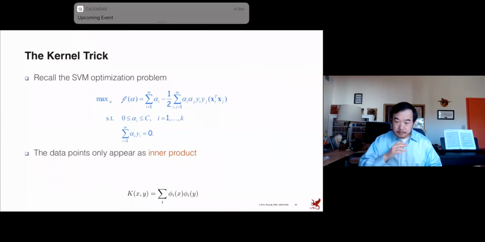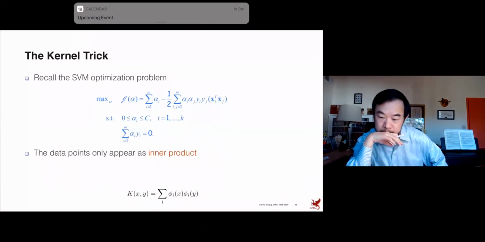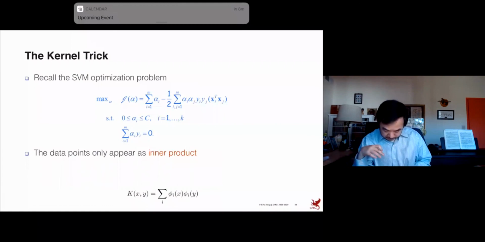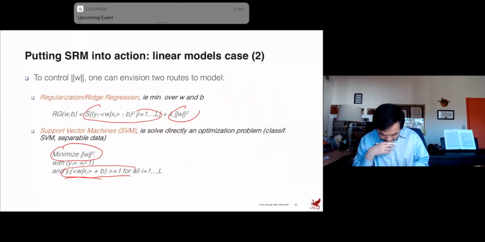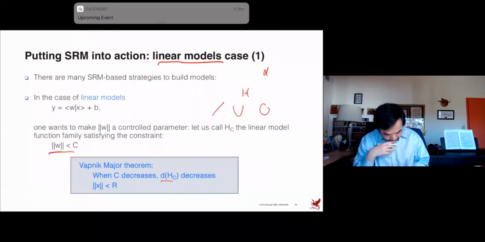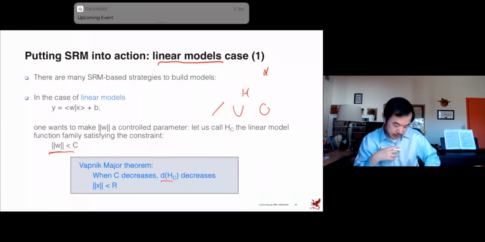Eric, there's a quick question. Someone is asking, what is the value R on slide 35? The value R on 35, when it decreases. Now, value R is just a normalization trick for the data.